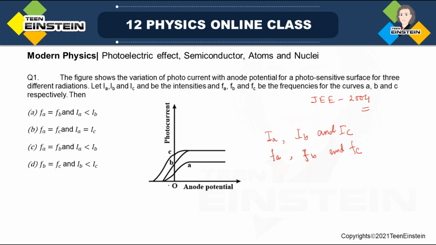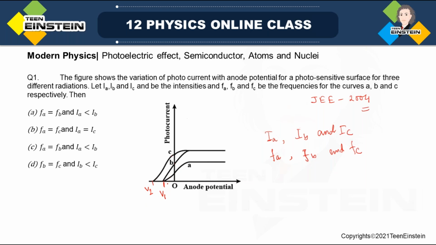Another important fact you can see is the anode potential on the negative side. This is significant: the potential where the photocurrent becomes zero is called the stopping potential. Suppose this is V1 and another one is V2.